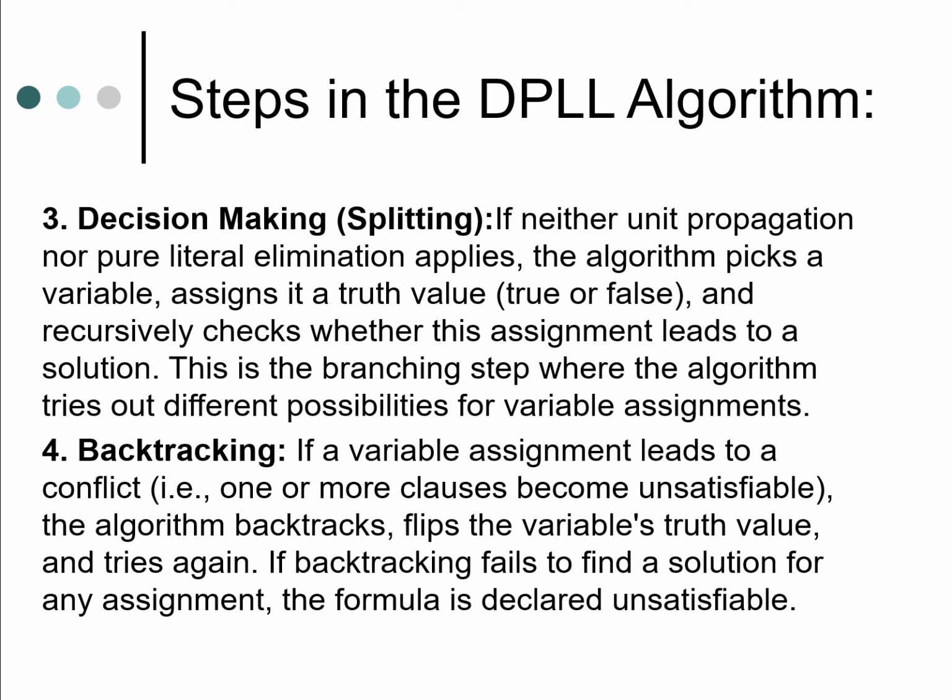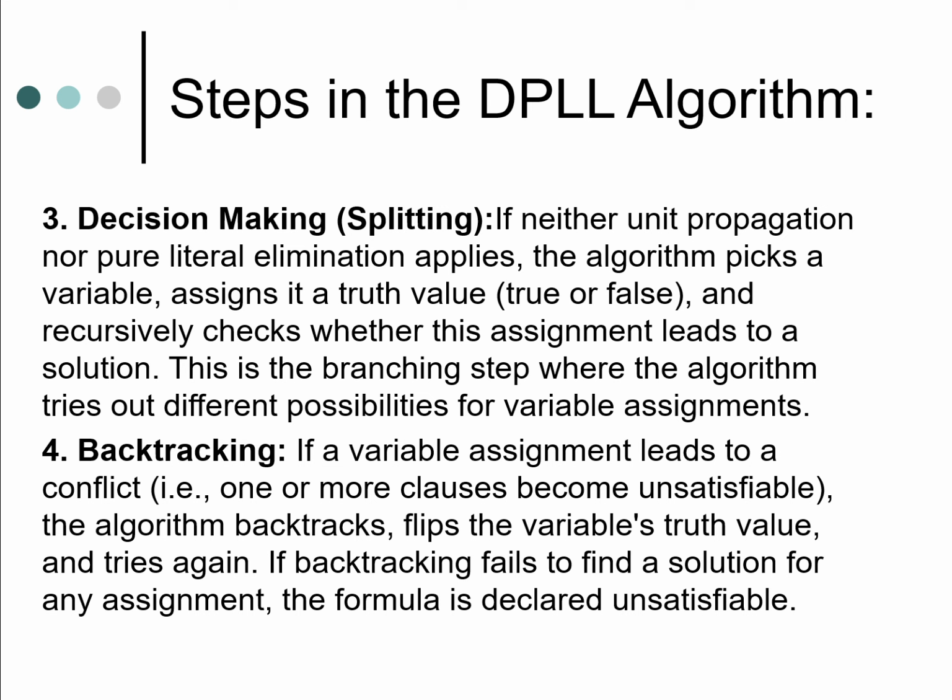If it leads to a solution, we keep it as a decision and verify that all the clauses are true. This is a branching step where the algorithm tries out different possibilities of variable assignments to make the clauses satisfiable.